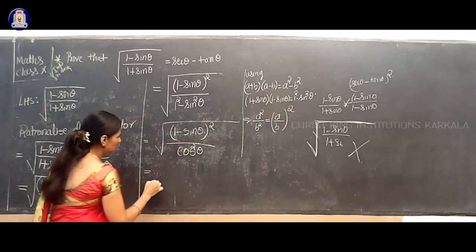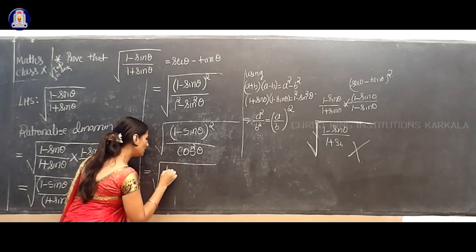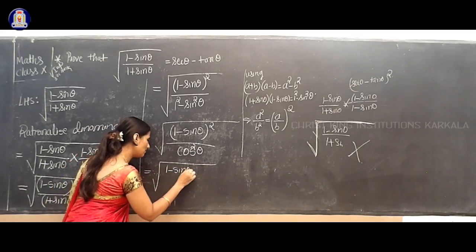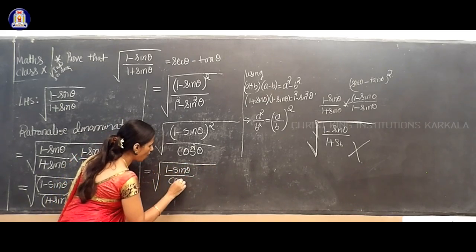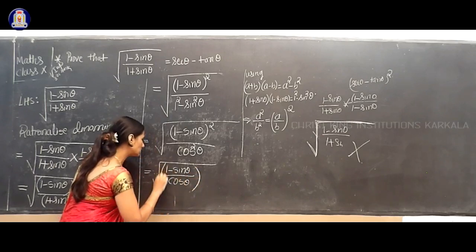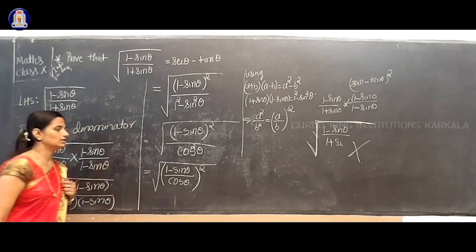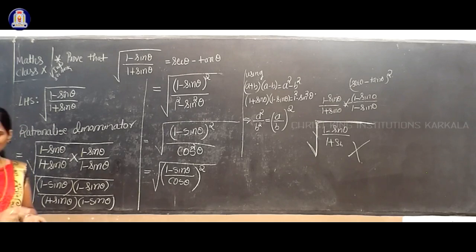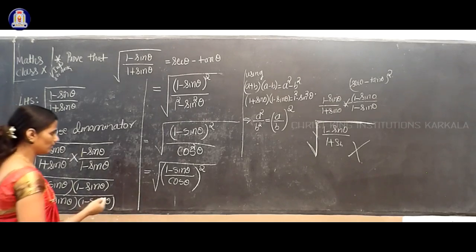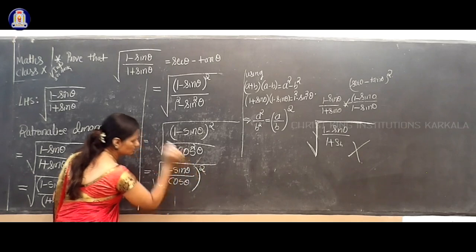So now this is, under the square root, 1 minus sin theta divided by cos theta whole square. Now I will cancel this square and square root.